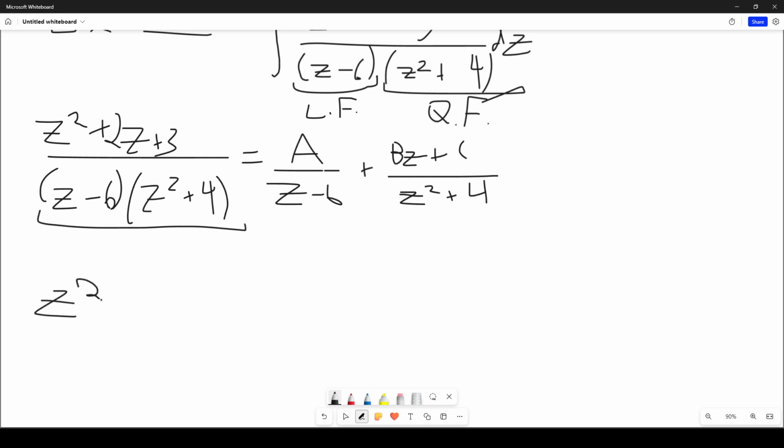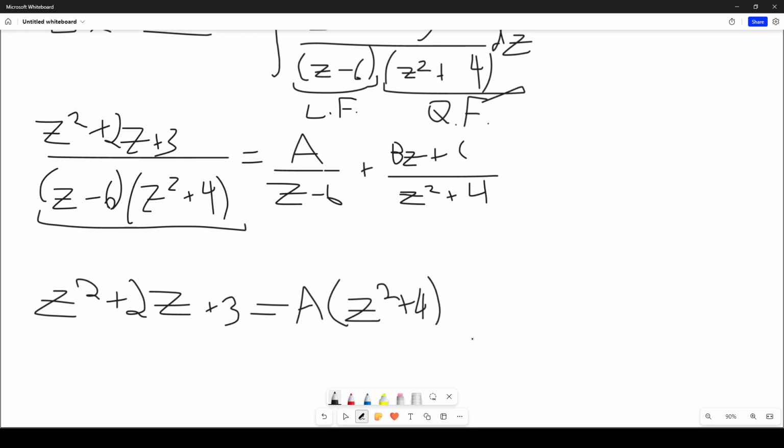So clearly we get z squared plus 2z plus 3 equals: the z minus 6 cancels out with this z minus 6, and we get A times (z squared plus 4), and we get (Bz plus C), and then the z squared plus 4 cancels out with that, and we get (z minus 6).